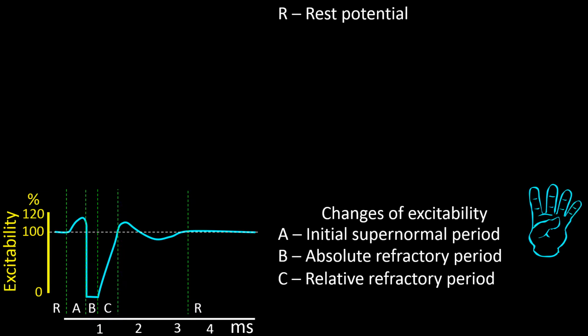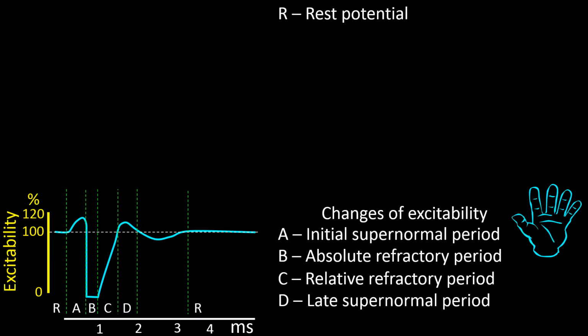The fourth period, here labeled D, corresponds to the late supernormal period. During this period, a stimulus lower than the one used to produce the initial action potential from the resting state can trigger a second action potential.